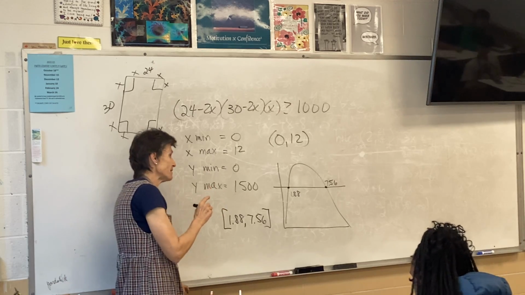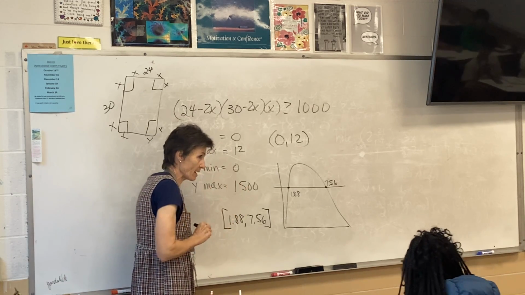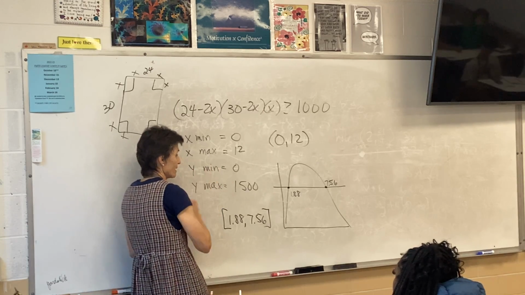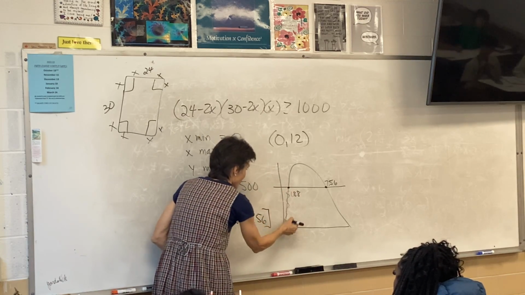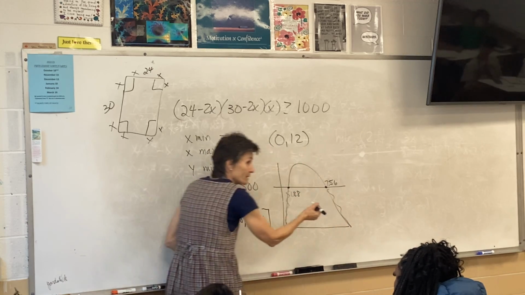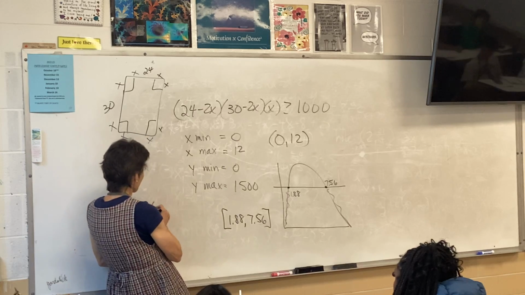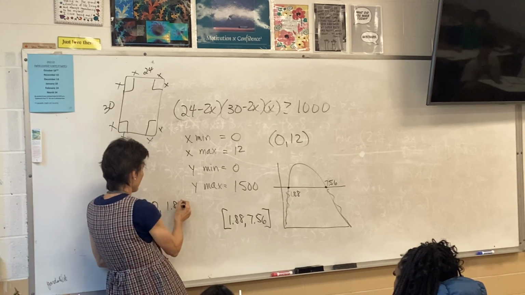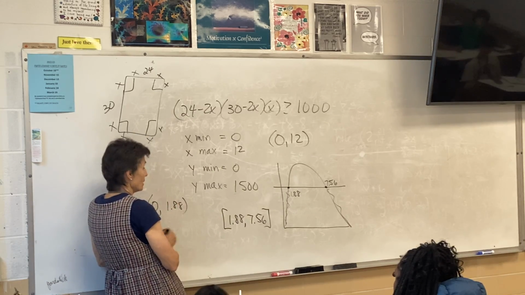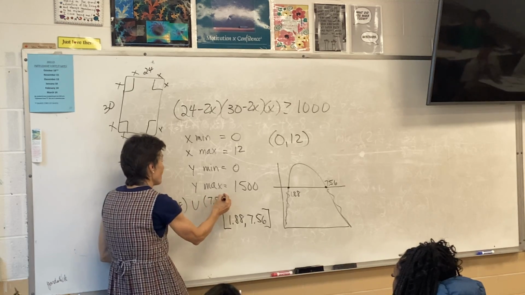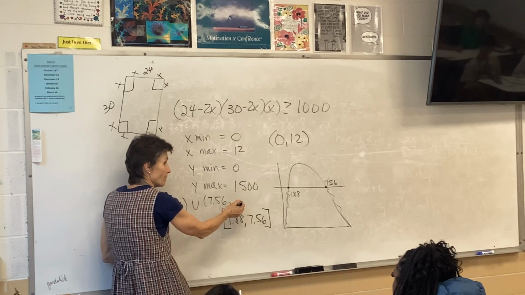Now, if it said less than 1,000, you need to be real careful here. Less than 1,000 would be this right here and this right here. Would you agree with that? So nobody has a problem with the first part. Less than 1,000 would be 0 to 1.88, or 7.56, here's where the trouble comes.